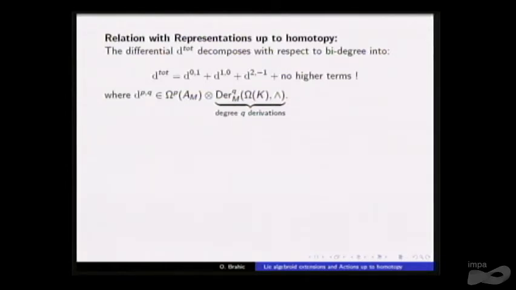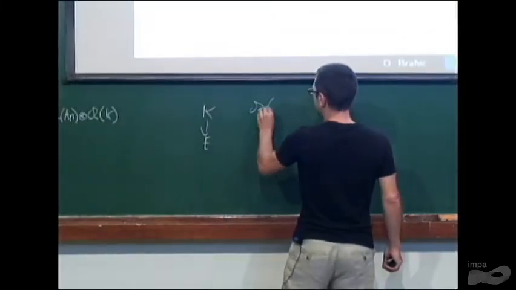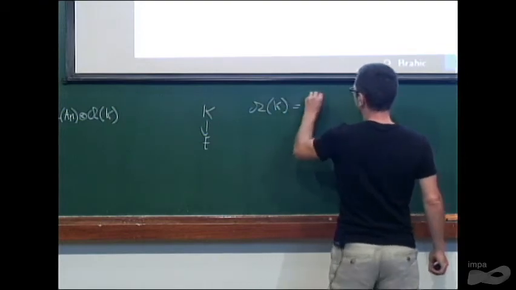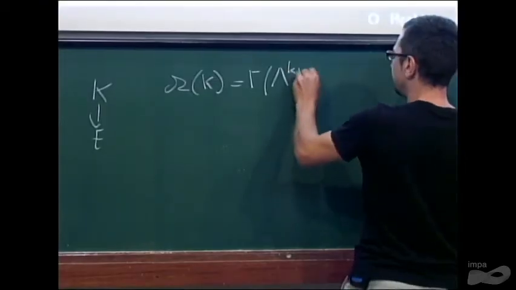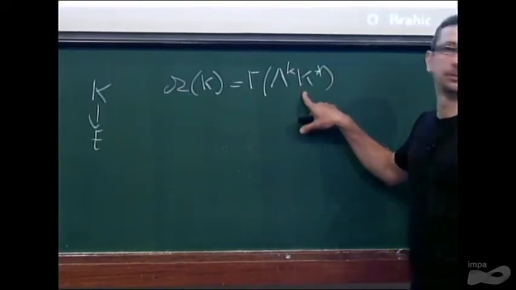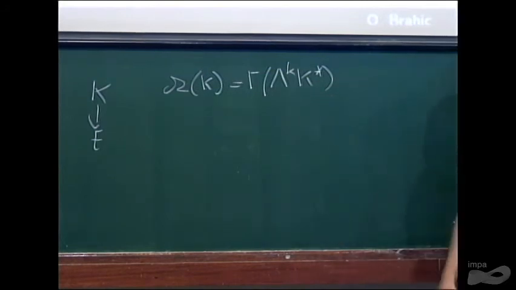These representations you are considering here, are they concentrated in positive degrees or negative degrees? Well, it's Omega of K, right? I'm taking a vector bundle K over E, and I'm taking Omega of K. So it's concentrated in positive or negative depending on your convention.